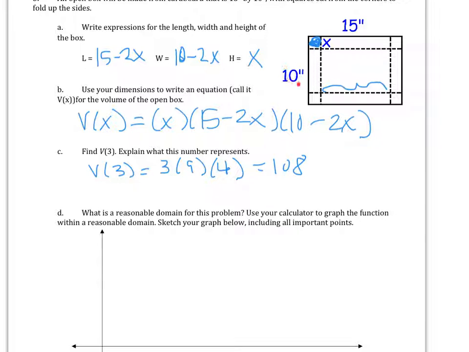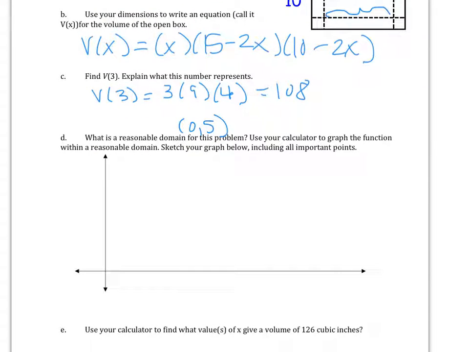The 10 inches is the most restrictive of the two sides, so this x can't be more than 5. It can't even really be 5, because if I take 5 away from both sides, then I've got nothing left of the box. So it can be anything up to, but not including 5. So we have a domain of 0 to 5.